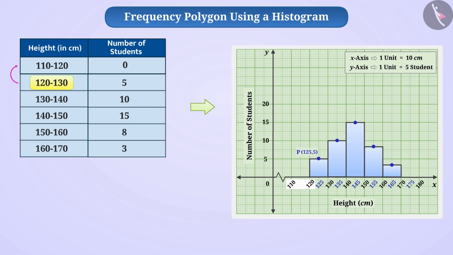Similarly, we also assume that after the class interval 160 to 170, there is an imaginary interval of 170 to 180 and its frequency is 0. We will mark their midpoints. Now, we will connect all midpoints with line segments. This gives us figure OPQRSTU made of line segments.